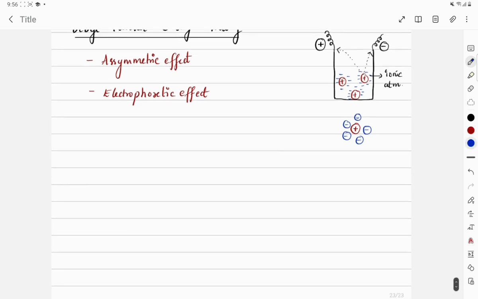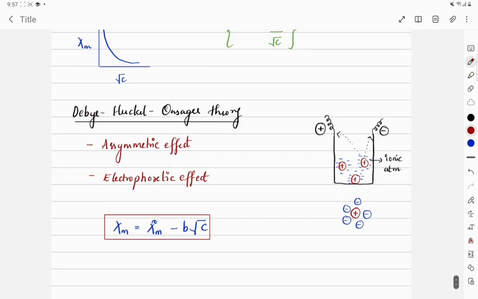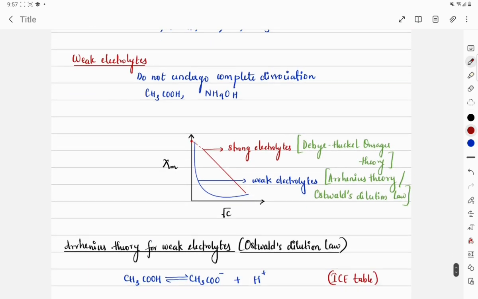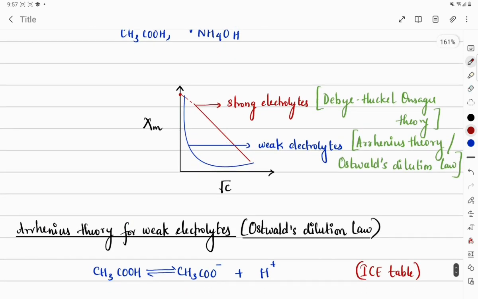The equation is very simple. It says lambda m is equal to lambda 0 m minus b root c. In this, lambda m means molar conductivity. Lambda 0 m is molar conductivity at infinite dilution. So earlier when we drew the diagram, we saw that towards this particular region we put only dotted lines, and I told you this is a region of infinite dilution.